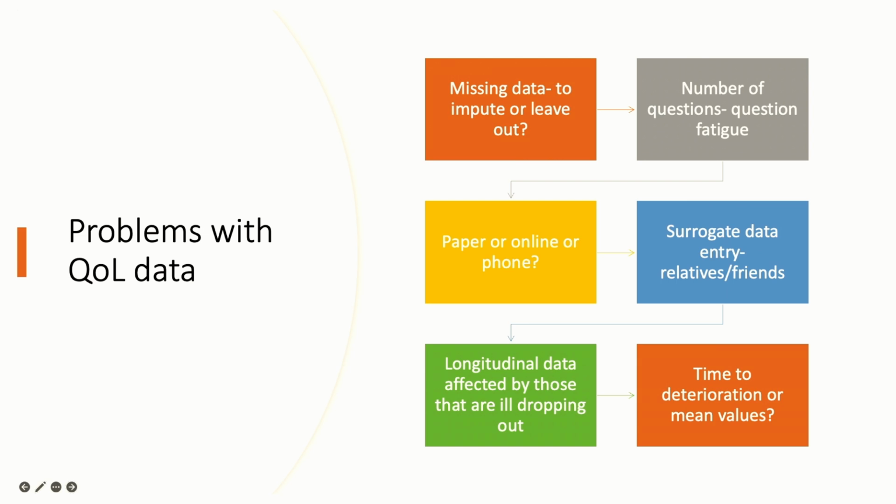There is longitudinal data, so when you're trying to measure quality of life over time, if you take a mean of that, it's affected by people dropping out. The people that are most ill tend to drop out, and therefore you have no data at that time point, and that affects the mean of that data. And I'll show you why that happens in a minute.